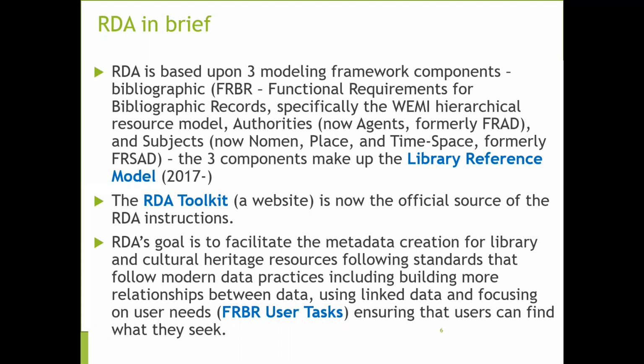And this was at one point called the functional requirements of authority data. So just like we have functional requirements, what are the requirements for our bibliographic data? We had a companion piece of what are our requirements for our authority data. That would be those authorized forms of the names. That would be like a 100 field in a MARC record, or a 700 field, or a 600 field in a MARC record. So places where we put people's names, or names of institutions, or names of conferences, things like that.